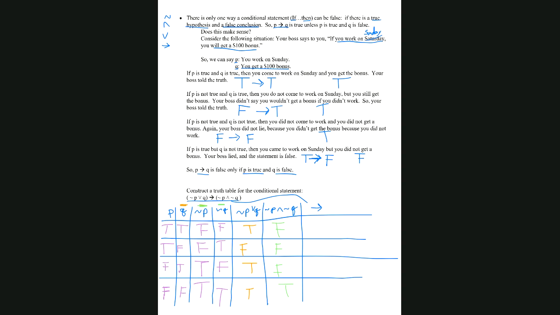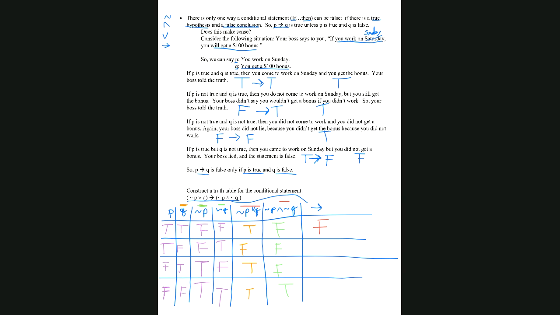Now, the if-then statement is next. We're going to look at this statement first and then this statement. Remember, if the first statement is true and the second statement is false, that's the only time this can be false. So here we have a true false, so that's false.